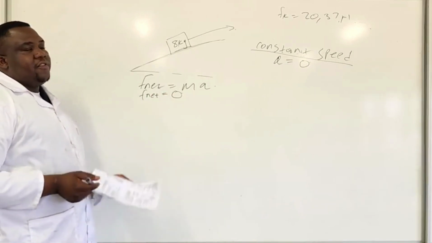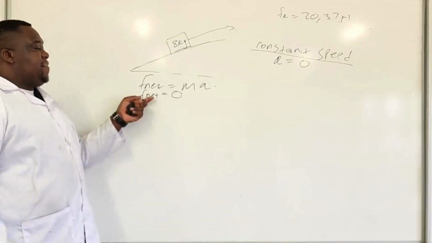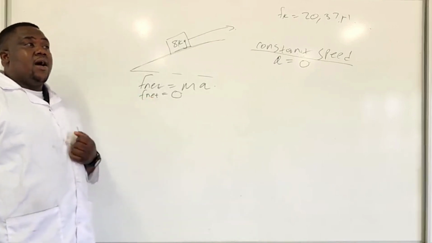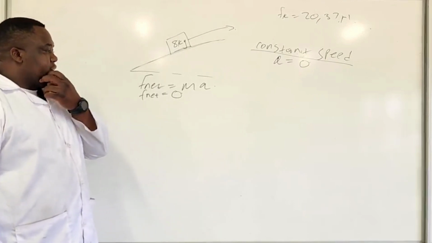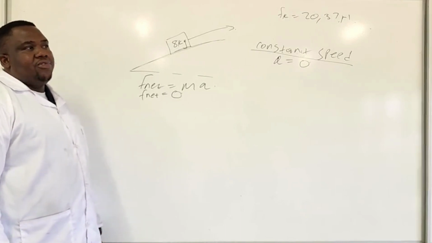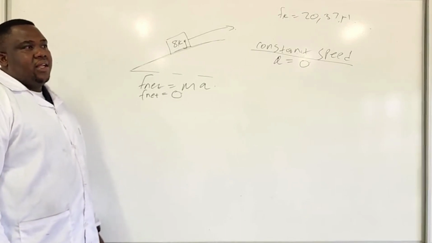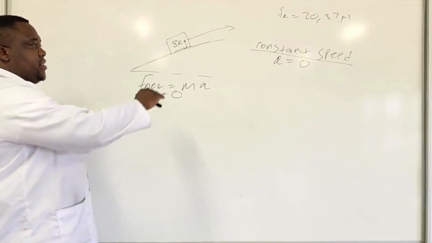Then we can calculate force F. How do you calculate force F? Remember, F net is the sum of all the forces that are parallel to the surface. So, what are the forces that are parallel?